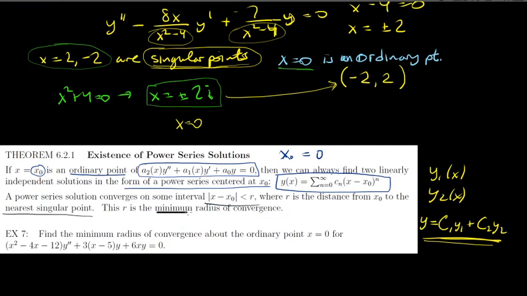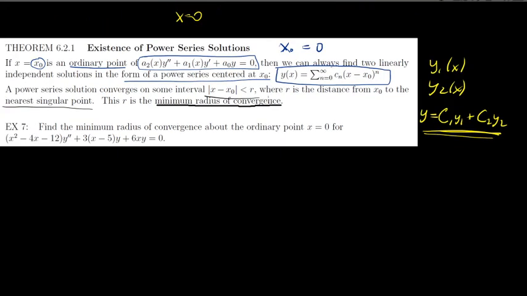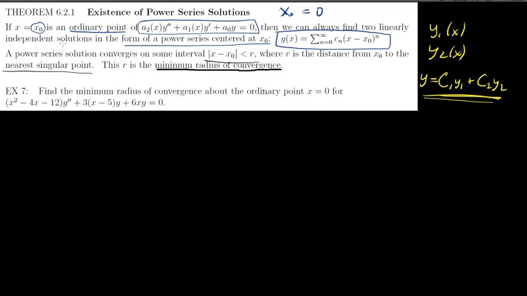That's your minimum interval of convergence, and that gives you a minimum radius of convergence of 2. So it has to converge at least on this interval, possibly bigger. It might converge from -10 to 10, or it might converge for all real numbers. But at a minimum, it's going to converge on this interval, so from x0 minus r to x0 plus r will be the minimum interval of convergence. But it might go past that.